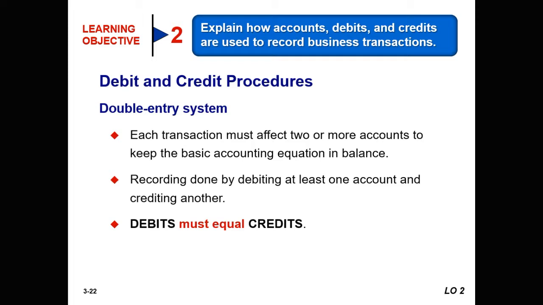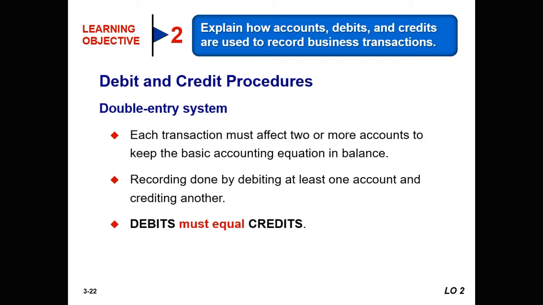The term debit means left, and the term credit means right. They do not actually have a universal increase or decrease descriptor to them. Whether they increase or decrease an account depends entirely on what the effect is.